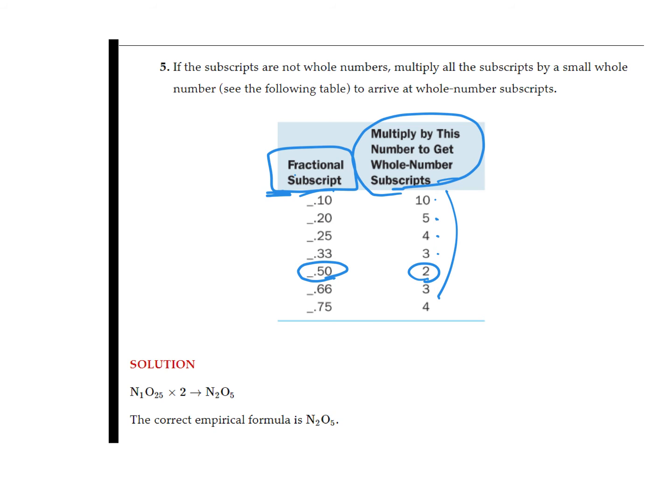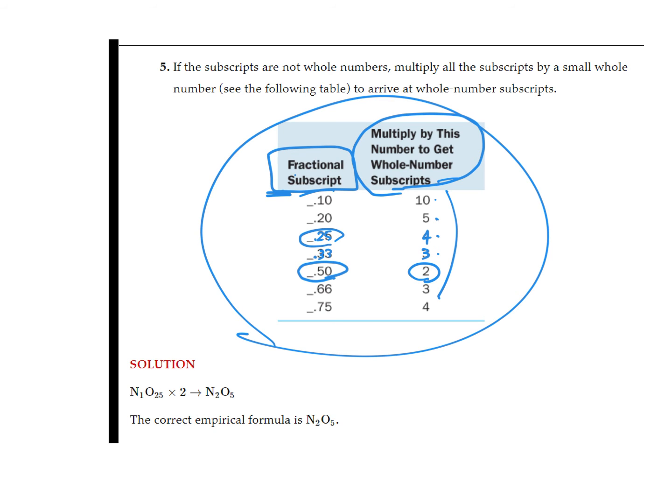For instance, if you have 0.25, you can multiply that by 4, or 0.33 multiplied by 3. I give you this table in the exam too, so in case you have difficulty with math, that doesn't prevent you from answering the question. But you should solve examples to know when to use this table. Does that make sense? Any questions?